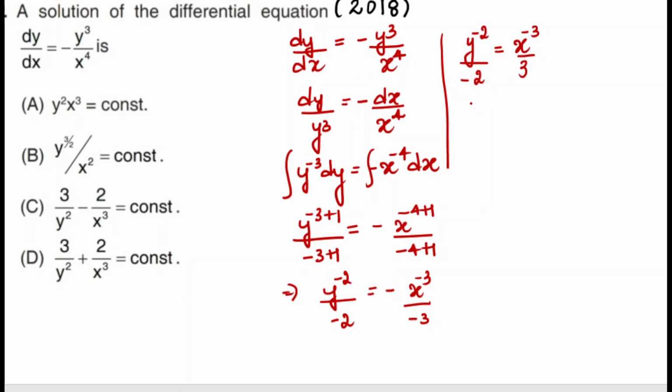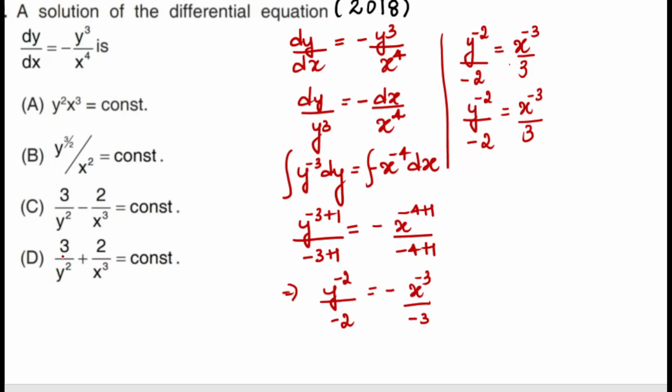Now just do the cross multiply and solve. It is y to the power of minus 2 divided by minus 2, which is equal to x to the power of minus 3 divided by minus 3. Just do the cross multiplication of these numbers, then we are going to get the answer.